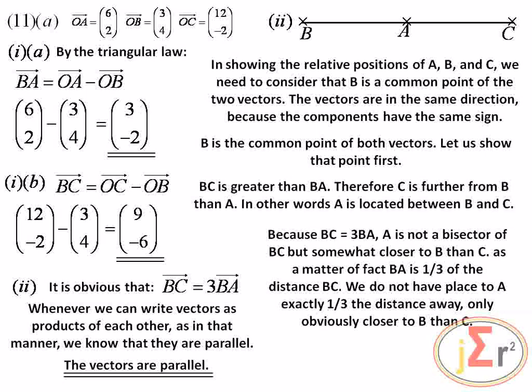Because BC is equal to 3BA, A is not a bisector of BC, but somewhat closer to B than C. Because BC is equal to 3 times BA, A is not a bisector of BC, but somewhat closer to B than C. As a matter of fact, BA is 1/3 of the distance BC.